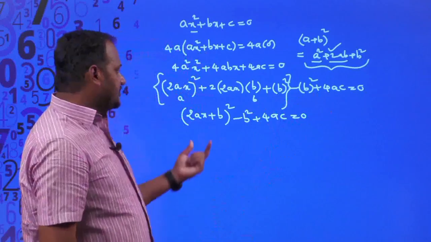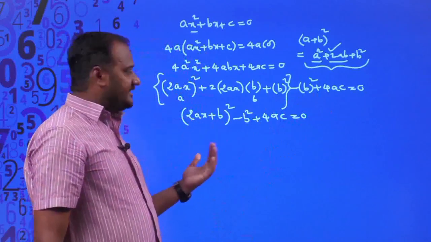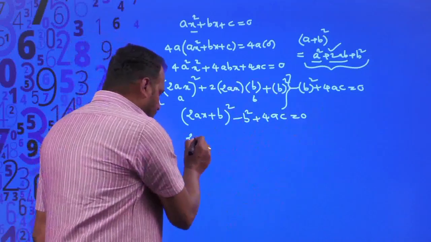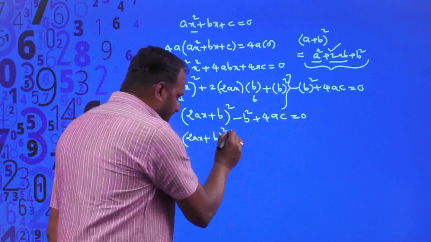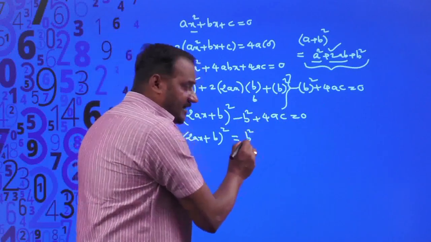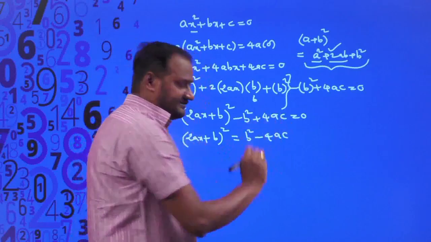Since we want the value of x, leave this 2ax plus b whole square on the left hand side and transpose the other two terms towards the right hand side. Then it is going to be 2ax plus b whole square is equal to minus b square, which will become plus b square, and plus 4ac will become minus 4ac.